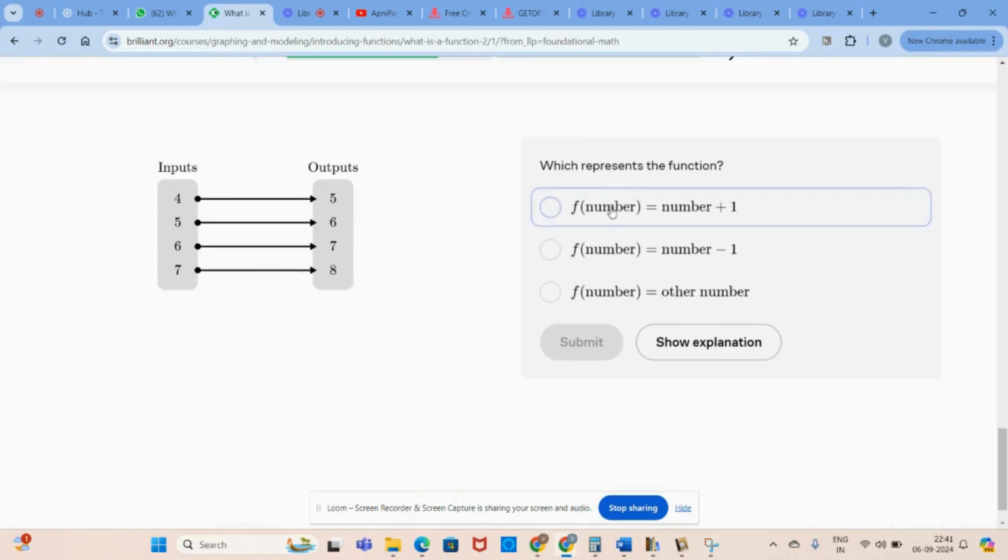So for inputs we have number in the parenthesis because the inputs are numbers, and for every number the output is just one more than the input. So for 4, if we add 1 to 4, we get 5. For 5, if we add 1, we get 6. So that's why the option that best represents this function is the first one, which shows that f of number is equal to number plus 1.